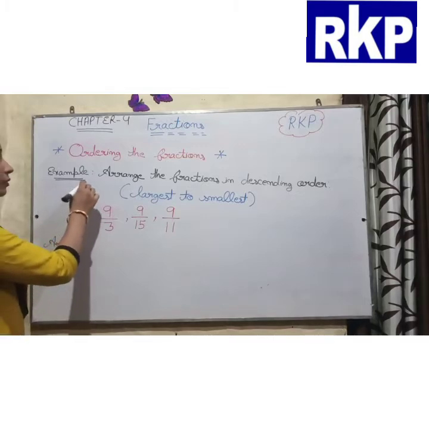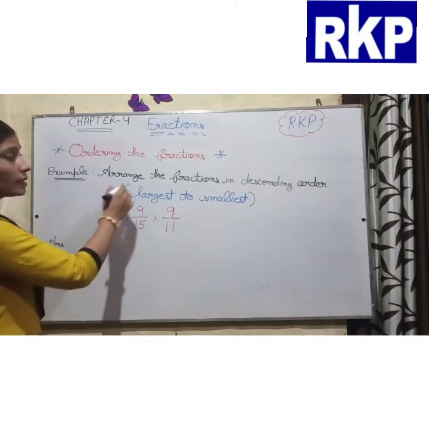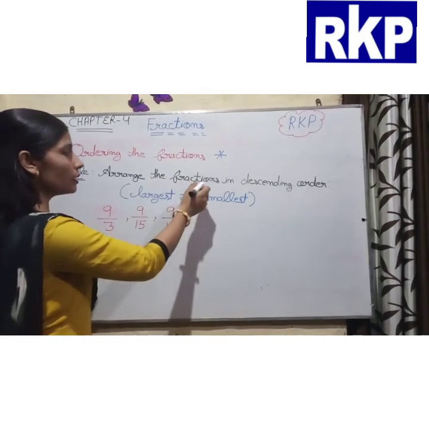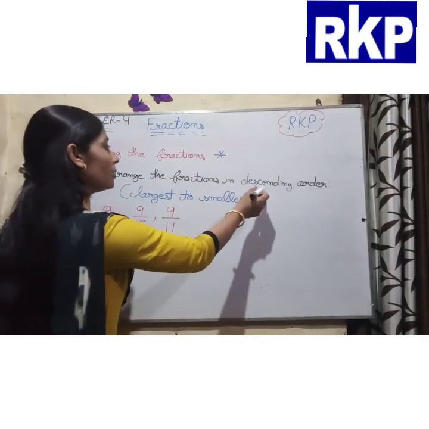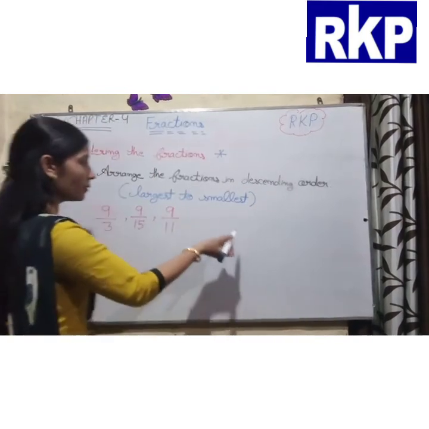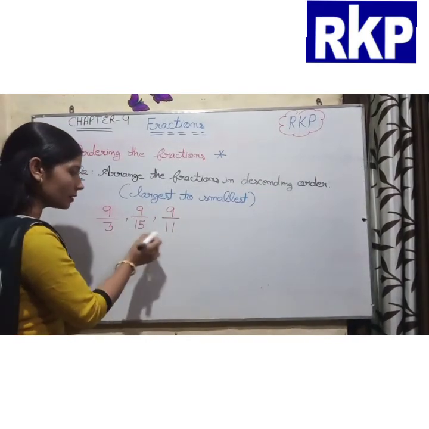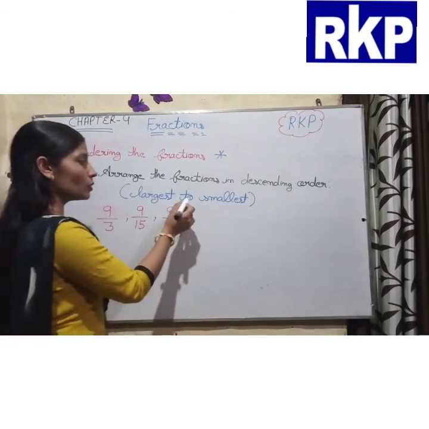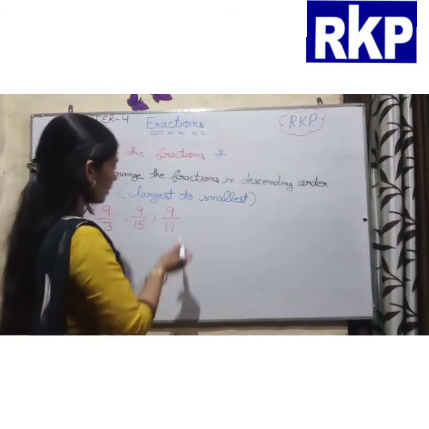Now let us take one more example. In this example, we have to arrange the fractions in descending order. Descending order means we have to arrange these fractions from largest to smallest.